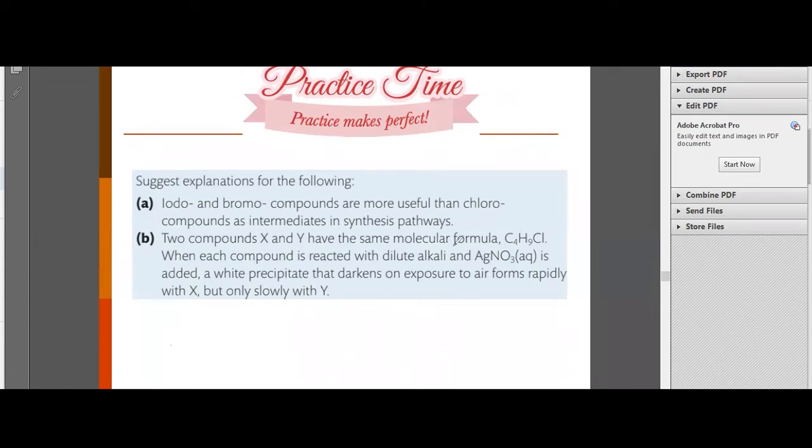Okay, let's discuss the answer. Why is it that iodo and bromo compounds are more useful compared to chloro compounds as intermediates in synthesis pathways?